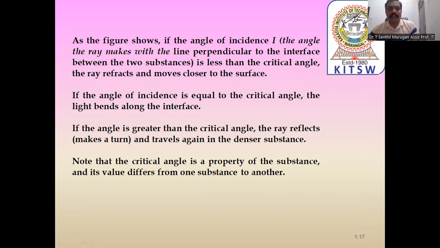If it is less than the critical angle, the ray refracts and moves closer to the surface. When the angle of incidence is equal to the critical angle, the light bends along the interface. Finally, when the angle is greater than the critical angle, the ray reflects and travels again in the denser substance. So just remember this.